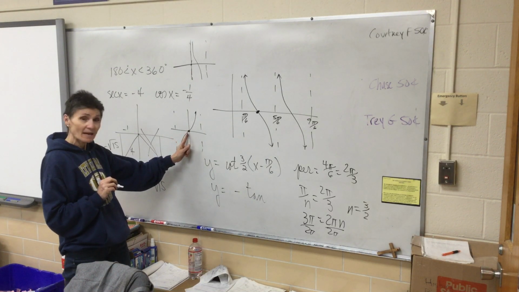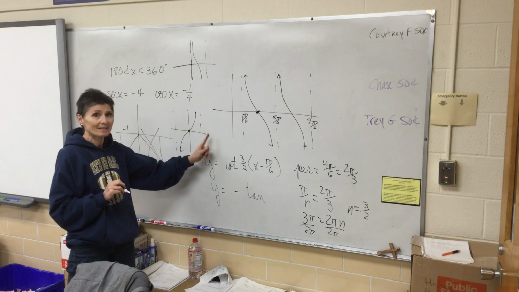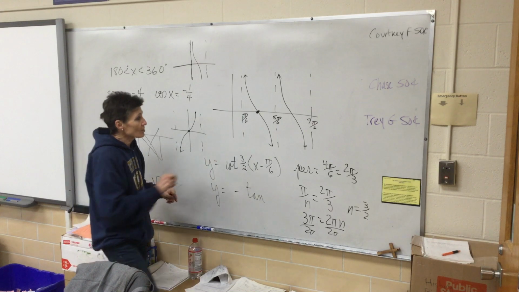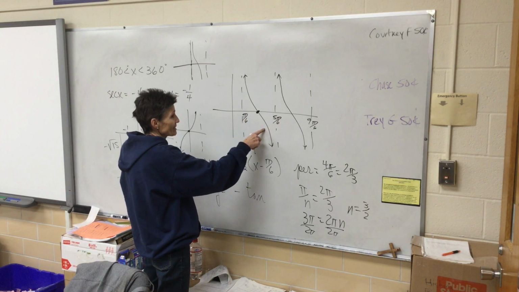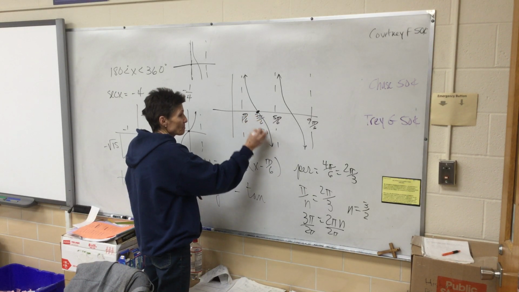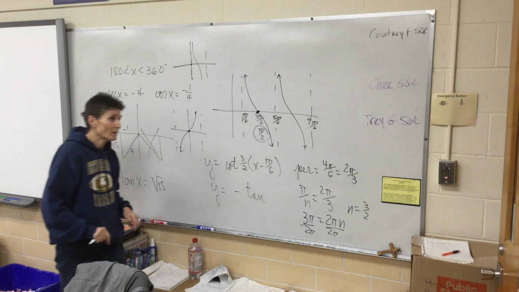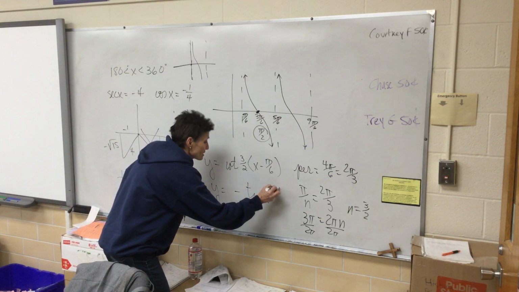Because when we phase shift, we move the origin. So the dot is getting moved. So let's see, it looks like that dot would be at 1 and 5, that's 6. So 3/6. I'm going to think of that as pi over 2 since I'm writing it in an equation. So my phase shift is pi over 2.